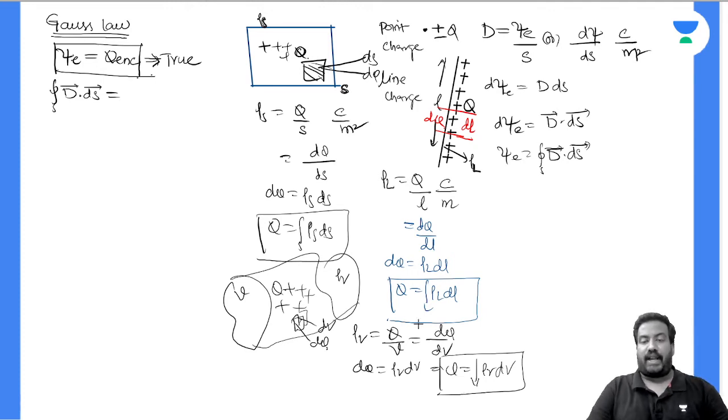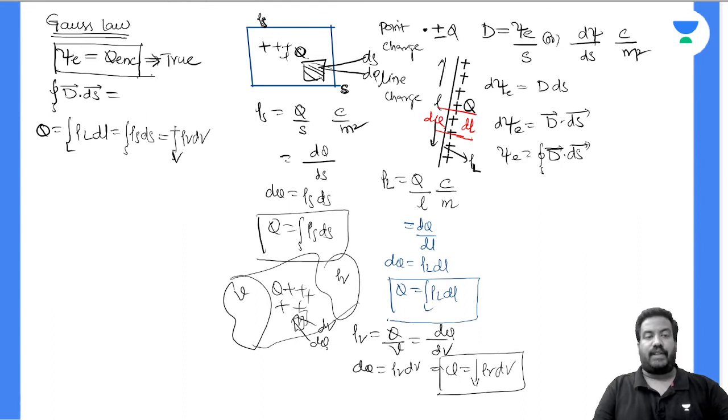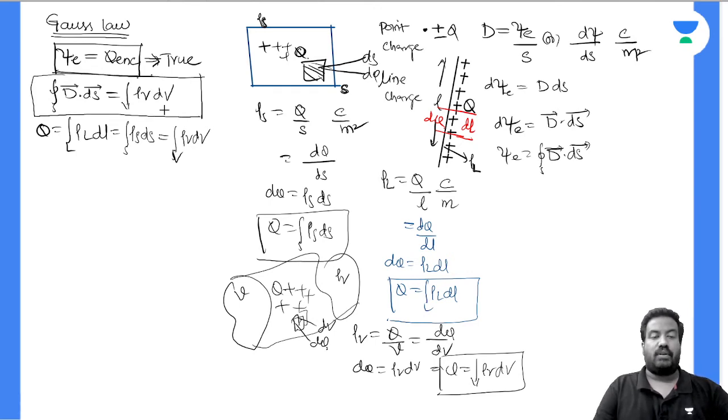So from this we can write Q is related to distributed charges as Q is line integral of rho L dl, surface integral of rho S ds, and volume integral of rho V dV. This is generalized case. So we take volume integral. Therefore we got closed surface integral of D dot ds is equal to volume integral of rho V dV.